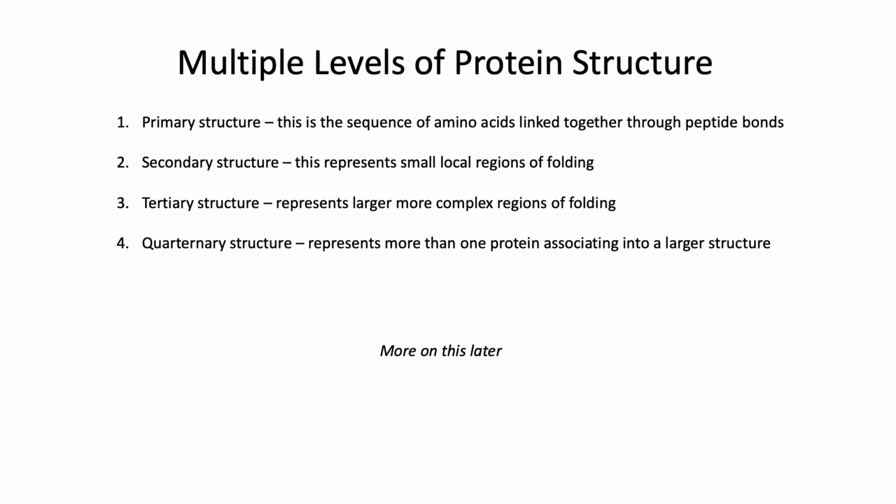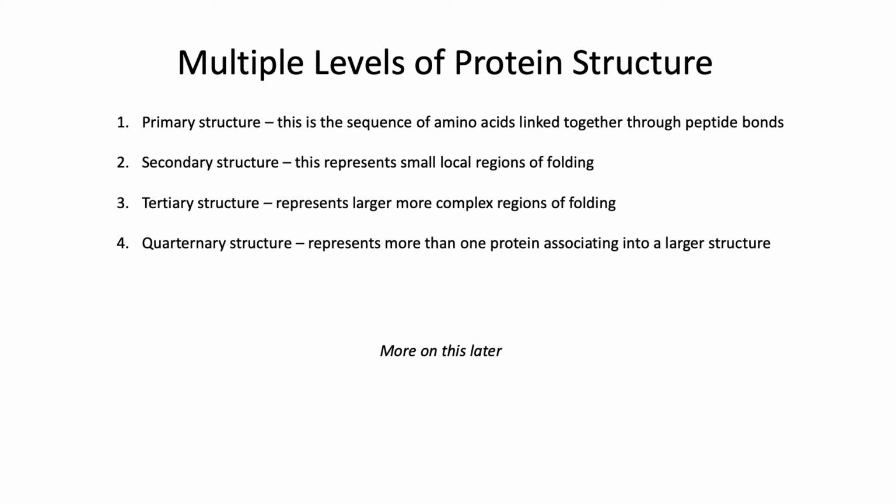And then the quaternary structure represents situations where we have more than one protein associating into a much larger structure, like ATP synthase, which has multiple proteins, or the proton pumps that are used during electron transport, which have multiple proteins. So those all have quaternary structure. So we'll talk about each one of these a little bit later.